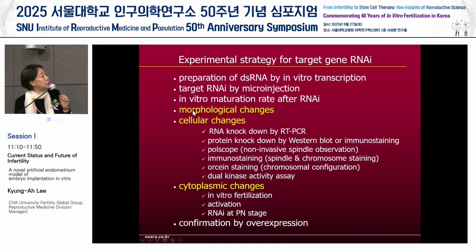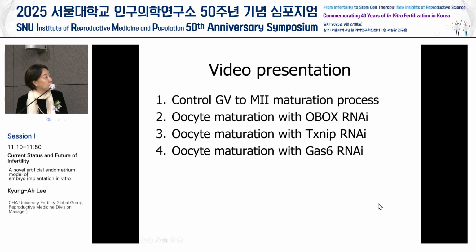So we observed the morphological changes, cellular changes, and other cytoplasmic changes. To confirm cytoplasmic changes, we did IVF and other processes further. So I would like to show some videos of the normal oocyte maturation process, and then what happened to oocyte maturation without other genes.